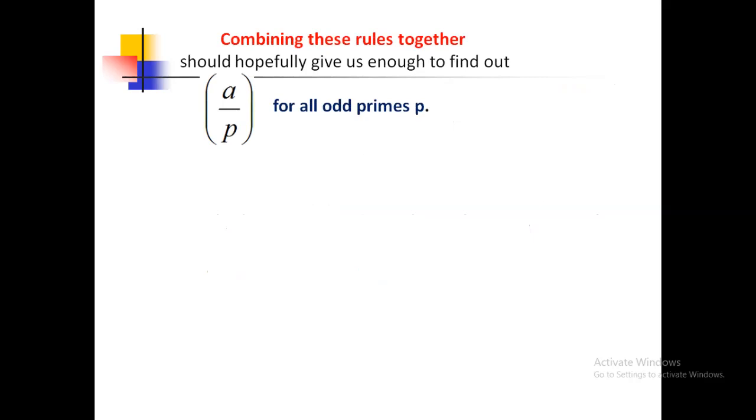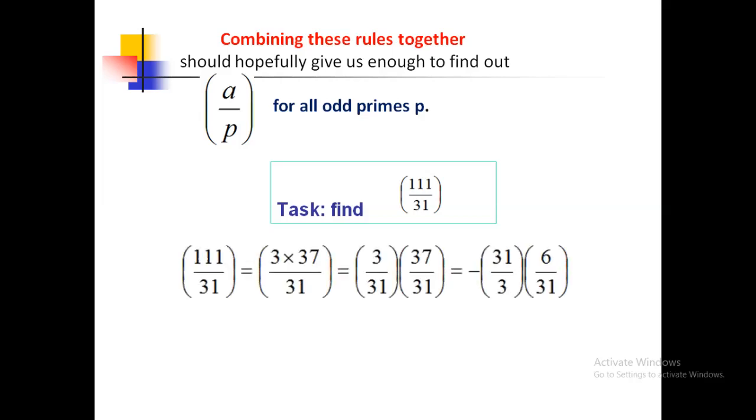Combining these, we can compute (a/p) for all primes p. Let us find the value of (111/31). First, we write 111 as 3 times 37, so (111/31) is (3/31) times (37/31).